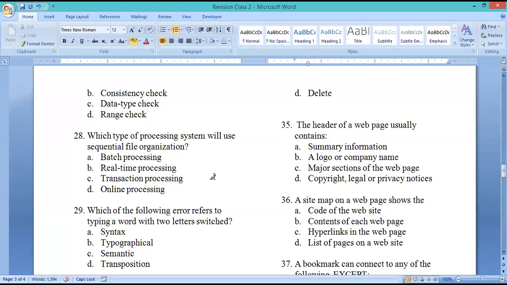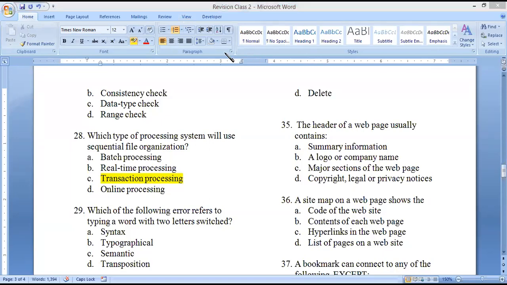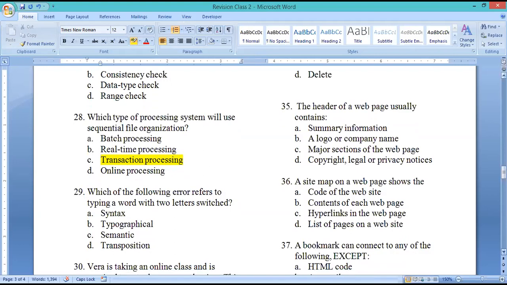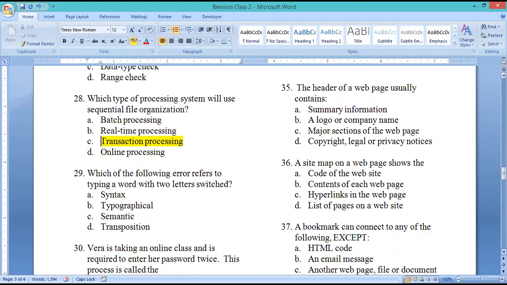But in sequential, it's being done one behind the other, one at a time, going through one, then two, then three, then four, just continuing. Transaction processing? Okay. Transaction processing would be correct. Who is that? I didn't know somebody else was on. Okay. So the answer is indeed transaction processing, because when transactions are taking place, it's one transaction at a time, right?